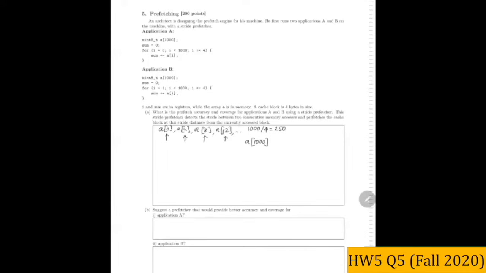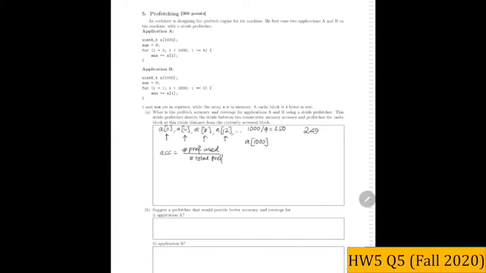So in total, the prefetcher would generate 249 prefetches. As per the formula, we know the accuracy of a prefetcher is the number of prefetches which are used by the program divided by the total number of prefetches.